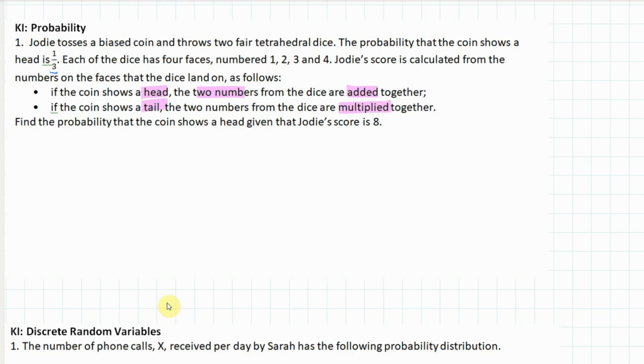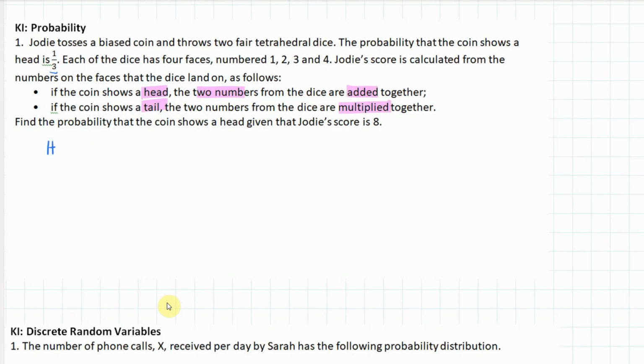Okay. So what we're going to do here is we want to find the probability that she's going to get an 8. So the way she could do this is if she gets a head, and then she gets a 4 and a 4.